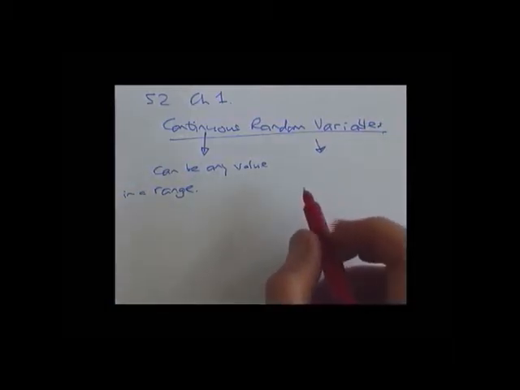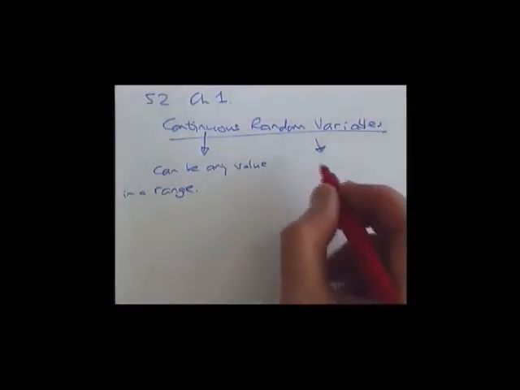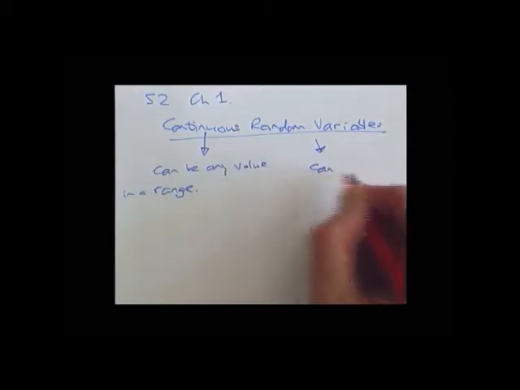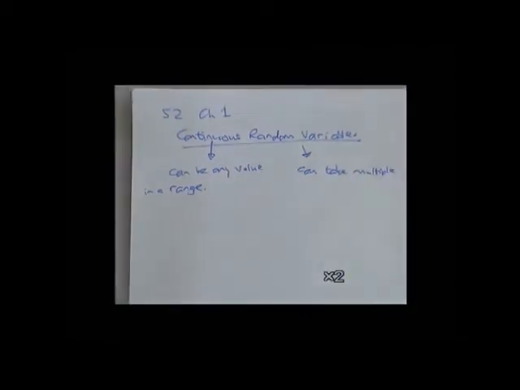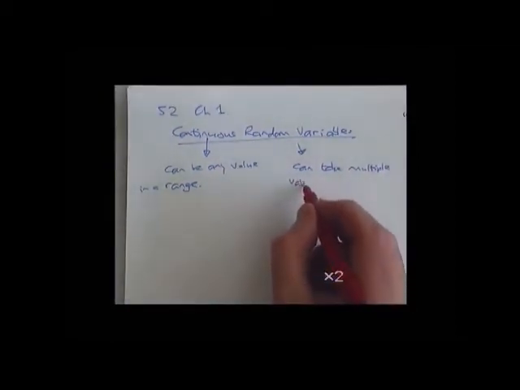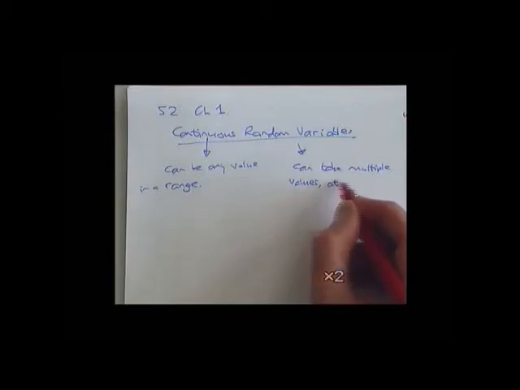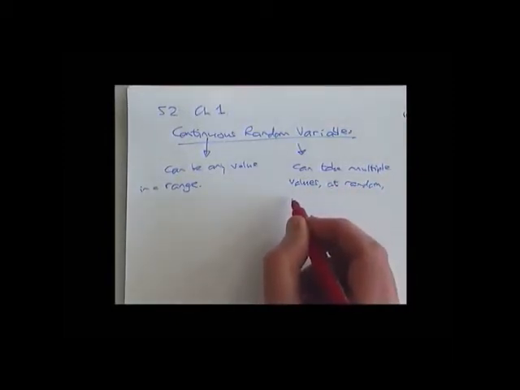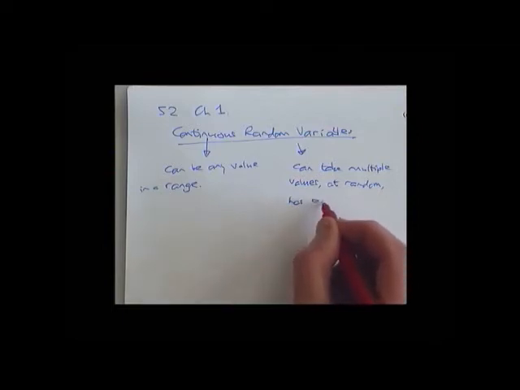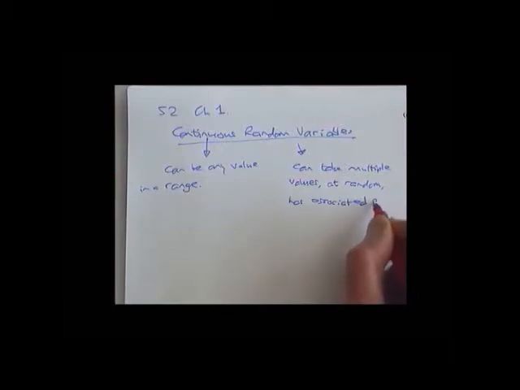So a random variable is something that can take multiple values at random, and it has associated probabilities. Okay.